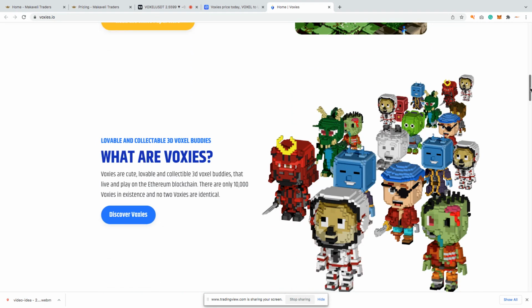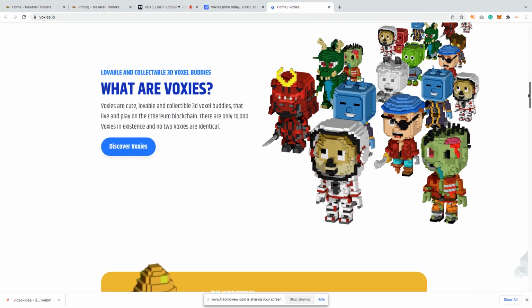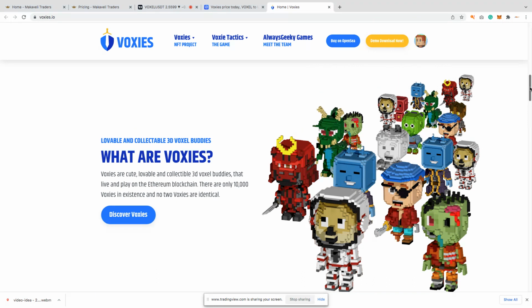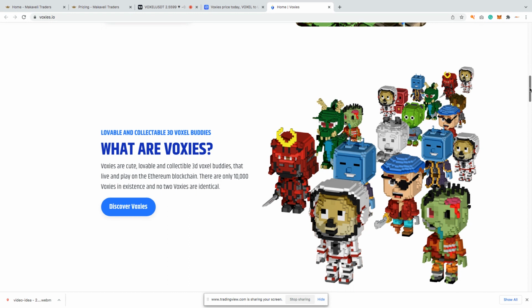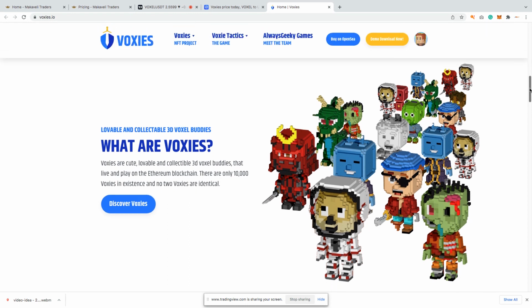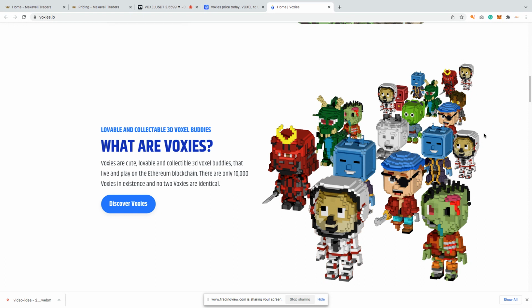So these are the characters, what they look like. I'm not really an RPG game person, but Voxels are cute. They look cute, lovable, and they are collectibles. These whole things are all NFTs as you're seeing them, so each one is unique to you as a player.